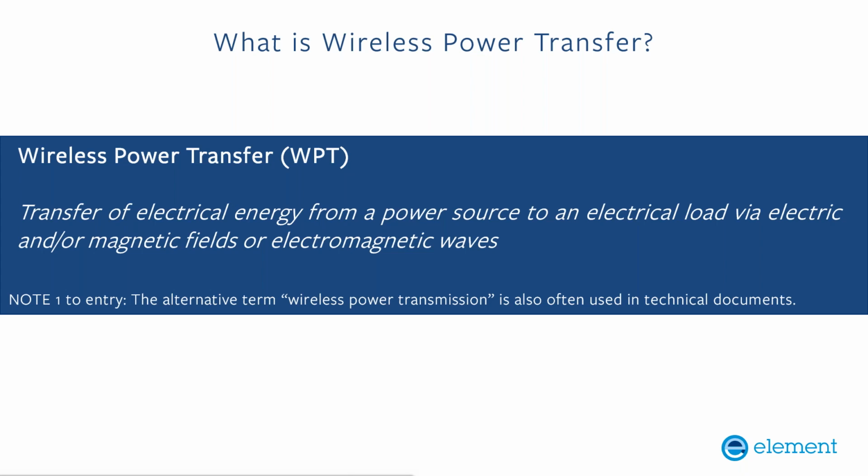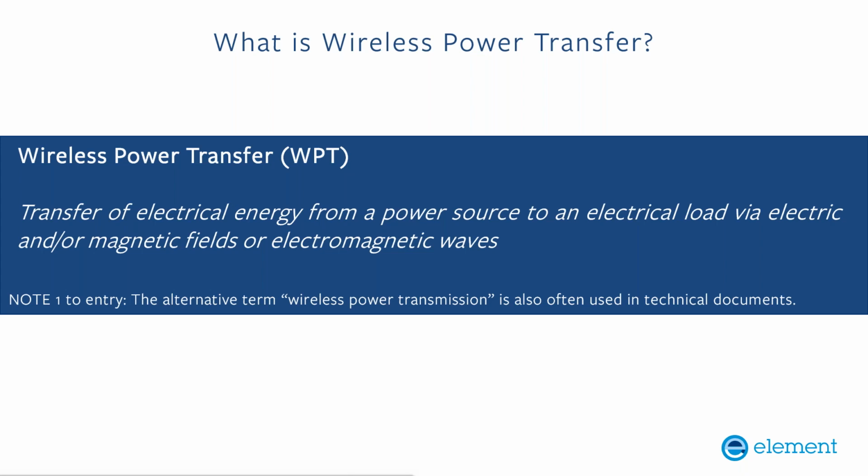So I've taken this as a pretty standard definition of what WPT is. Transfer of electrical energy from a power source to an electrical load via electric and/or magnetic fields or electromagnetic waves. There's a note on there about sometimes we replace transfer with transmission, but essentially the definition is pretty well defined.